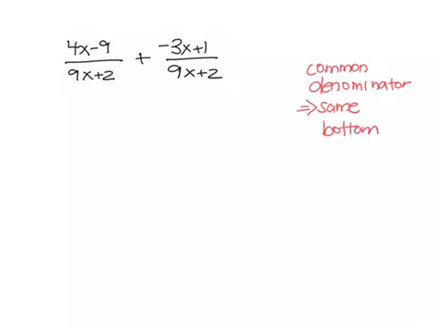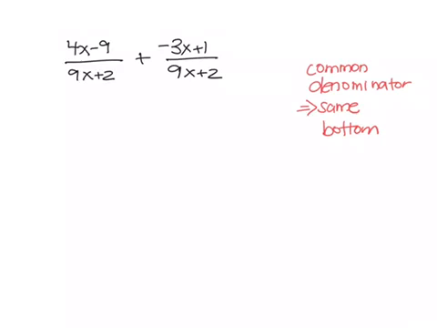So the bottom of the fractions has to be the same in order for you to add or subtract. Then when you do add or subtract, that denominator stays the same the whole time. So we are only changing the numerator, or the top part, as we create our answer, at least before we simplify.